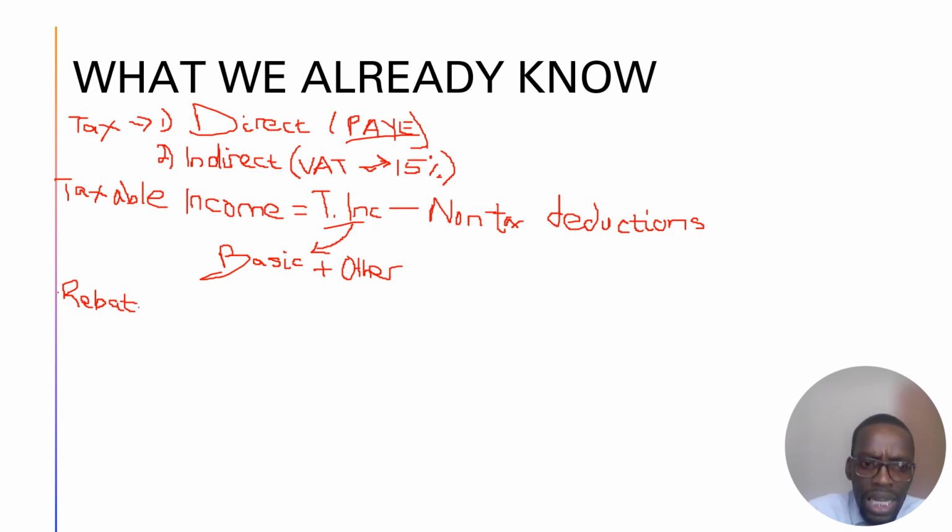Normally our rebates are divided into three broad groups. We have the first one, which is called the primary rebate, the secondary rebate, and the tertiary rebate.